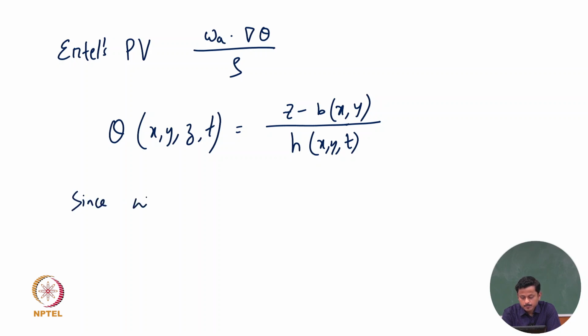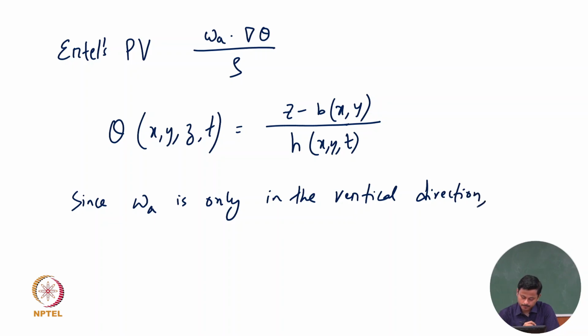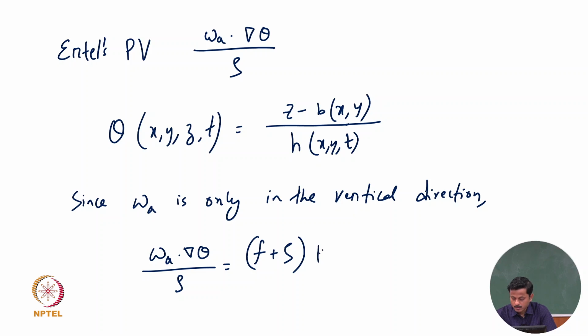Since the absolute vorticity is only in the vertical direction, we find that omega A dot gradient of theta by density can be represented as f plus zeta k cap by rho dot del del z of z minus b by h.